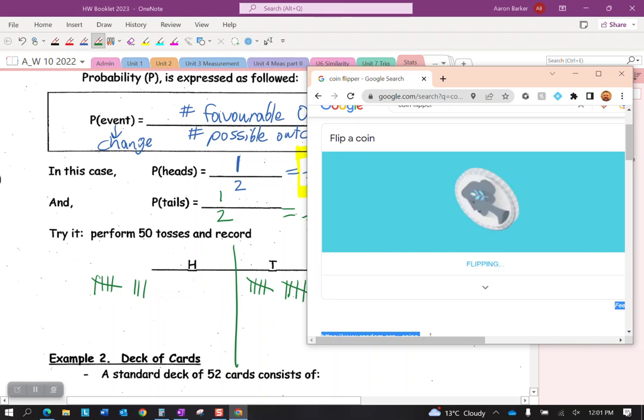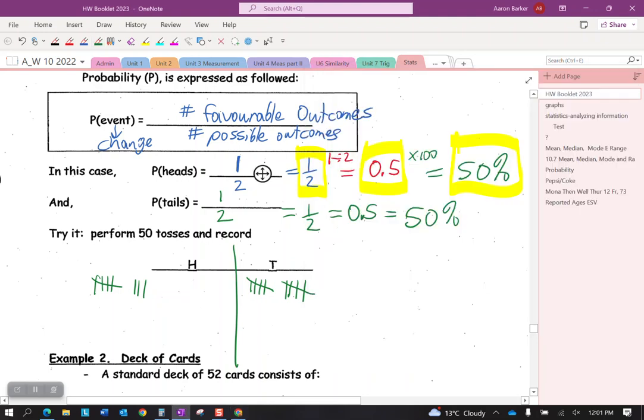Tails. Heads. Heads. Heads again. Okay, what do you guys got? 15 heads, 14 tails? Okay. So that's super close. Okay, one last set here.